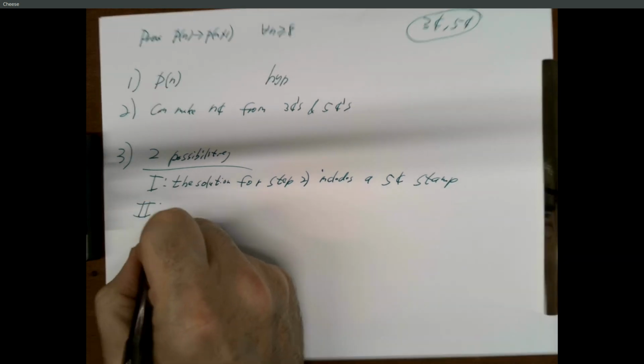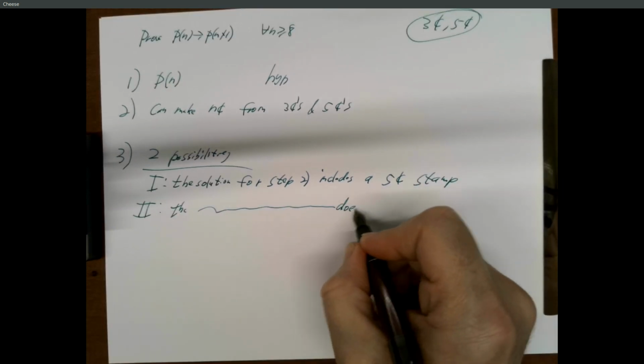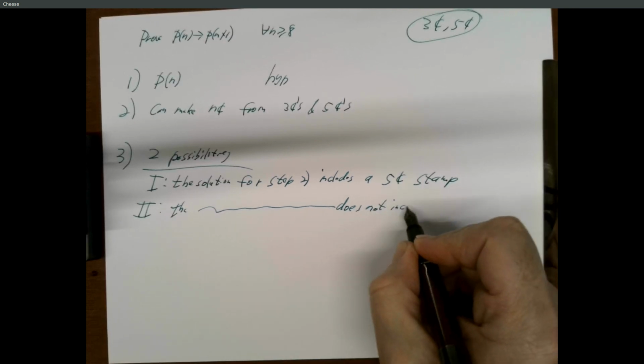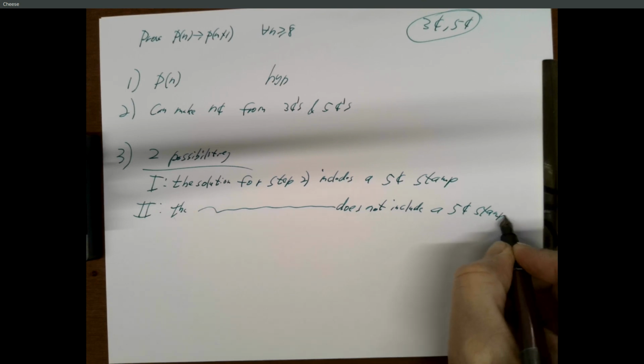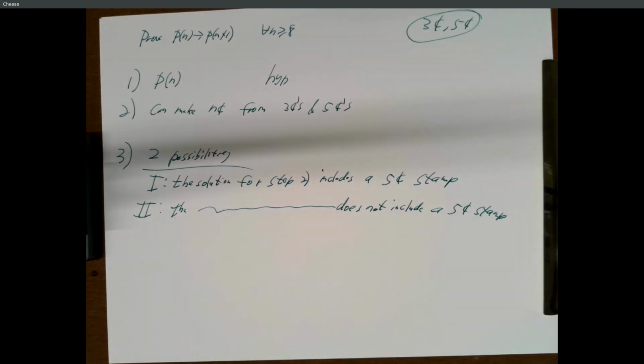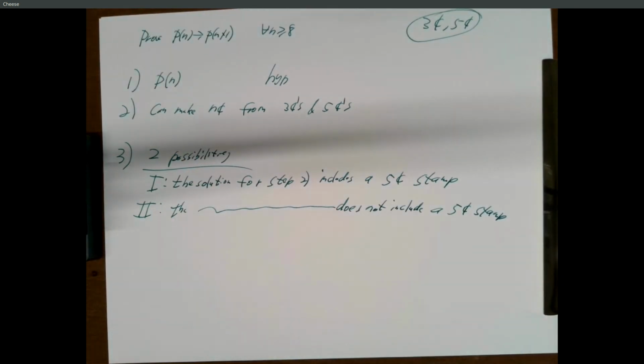Possibility 2: the solution for step 2 does not include a 5-cent stamp. And one of those situations must apply, right? If we find a way to make n cents from 3s and 5s, either that solution included at least one 5-cent stamp or it didn't. Those are the only possibilities. There's nothing paradoxical going on here.